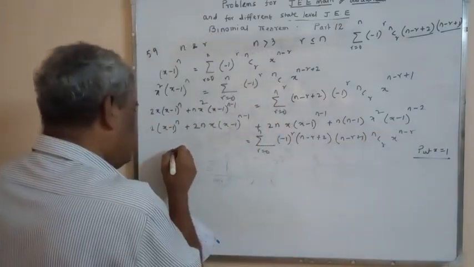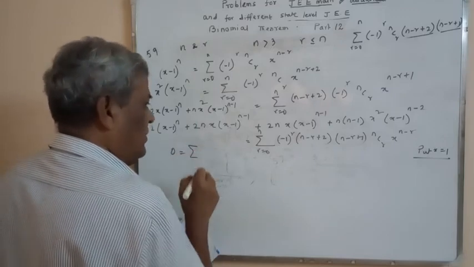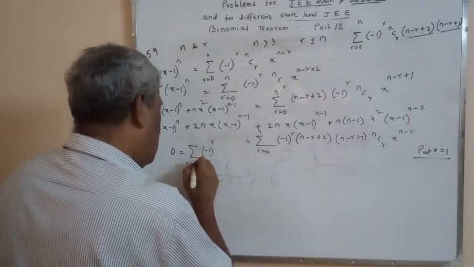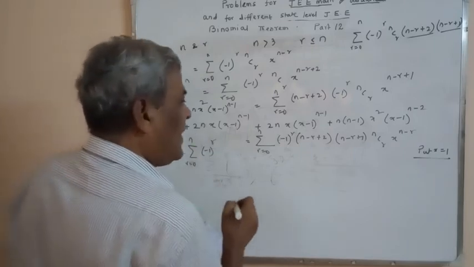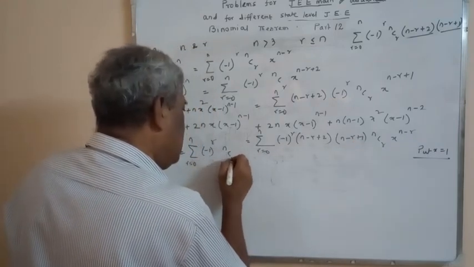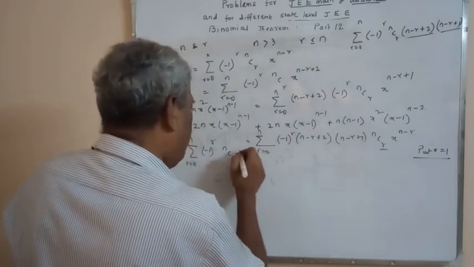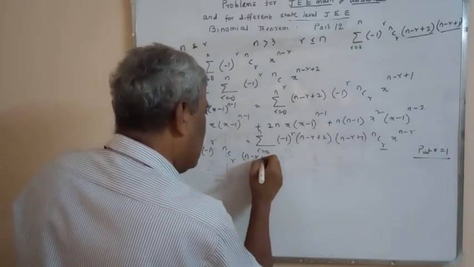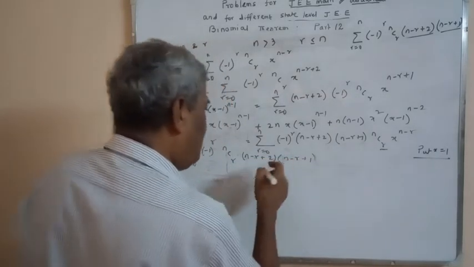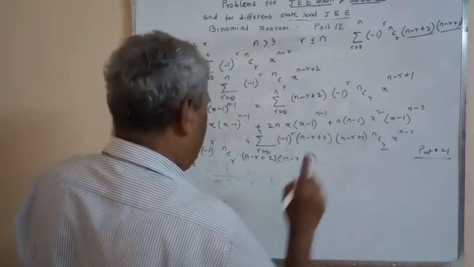So the left hand side is simply 0, equal to summation of minus 1 to the power r, r equal to 0 to n, nCr, this becomes n minus r plus 2 into n minus r plus 1, and x equal to 1 means it is 1.